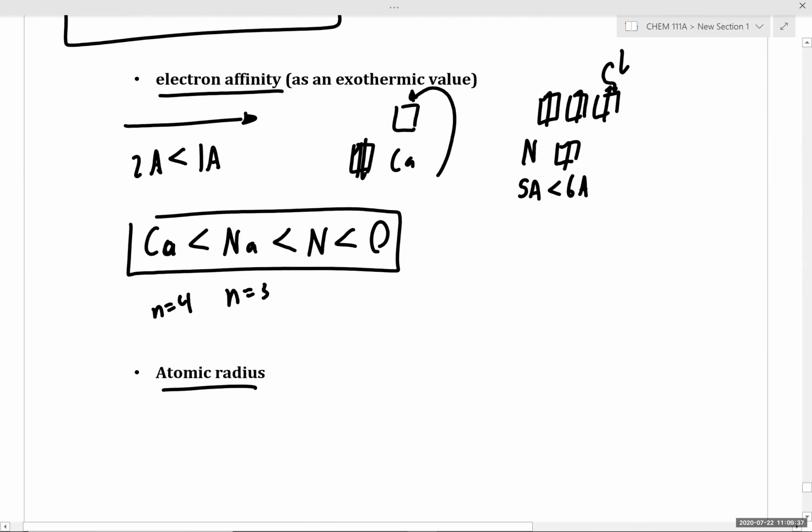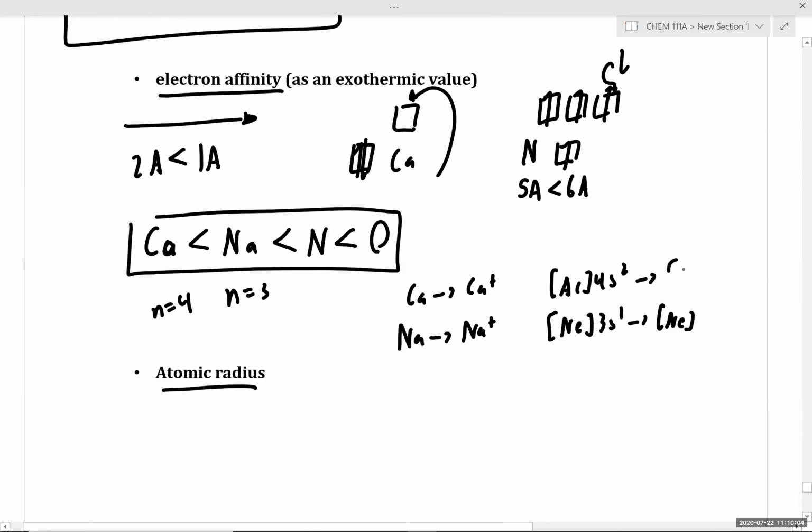However, if we think about sodium, going from sodium to sodium plus, we are generating a noble gas configuration. We're going from neon 3s1 to neon. Well, if we go from calcium to calcium plus, we're going from argon 4s2 to argon 4s1.